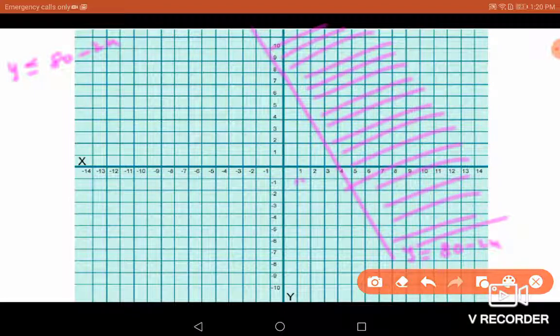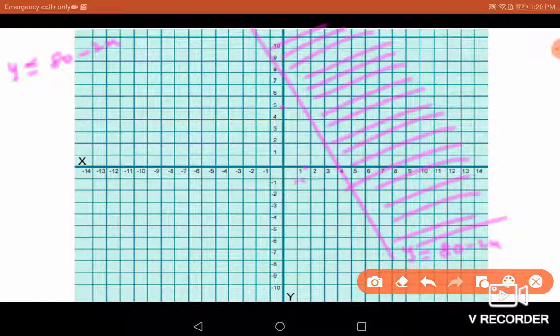You go back and check. Every unit is 10 units. Between 10 and 20, 16.7 is somewhere here, isn't it? And y is 50. It is here.